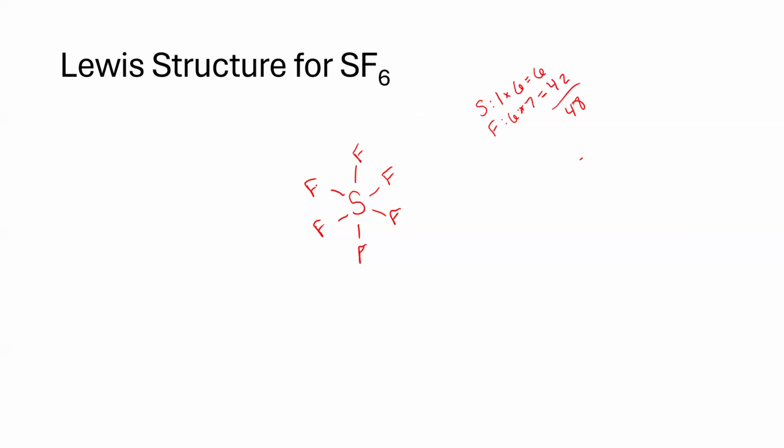The next thing I want to do is complete everyone's octet. Sulfur's done. Sulfur's completed. Fluorine needs to have 6 more electrons on each one of them. Draw all these guys in, and then we're going to count them.